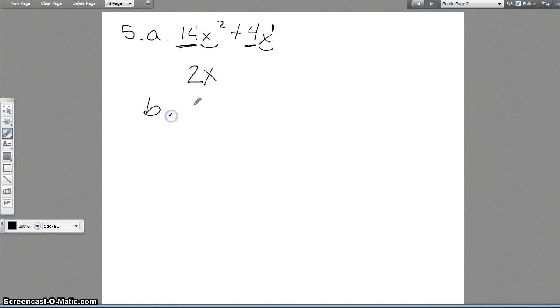Part B, we have 2x squared plus 3x plus 6. So first we're going to look at our coefficients. Our coefficients are 2, 3, and 6. Well, 2 and 6 have 2 in common. 3 and 6 have 3 in common. But there isn't any number that's in common with 2 and 3 and 6 except for 1.